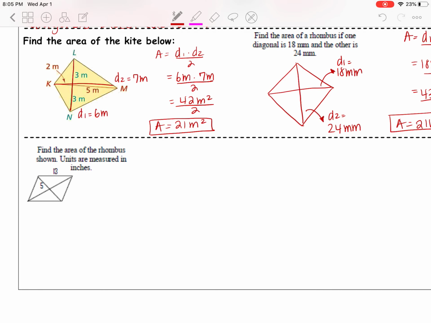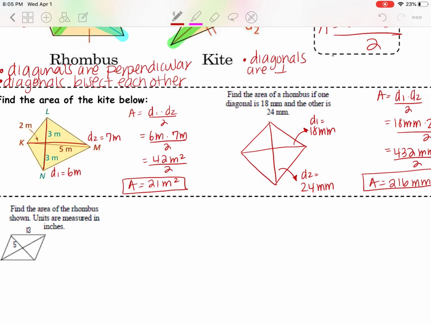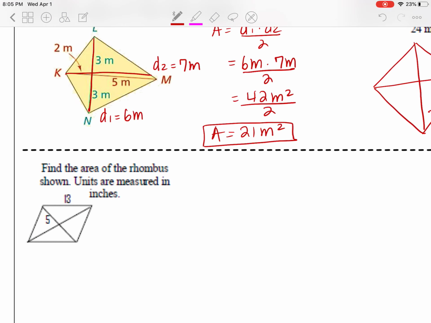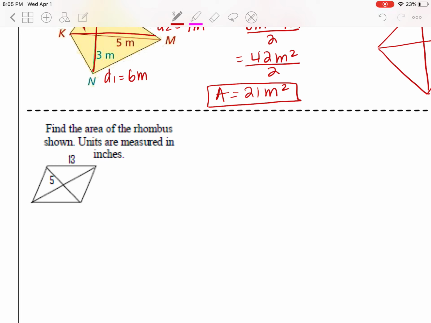All right, now let's go ahead and look at the last problem. It says find the area of the rhombus shown, and it's also saying that the units are measured in inches. So once again, let's recall the formula to calculate the area of the rhombus. Area equals diagonal 1 times diagonal 2 divided by 2.